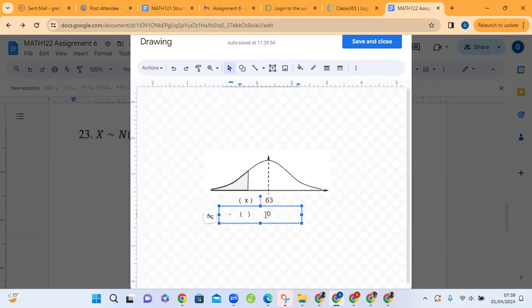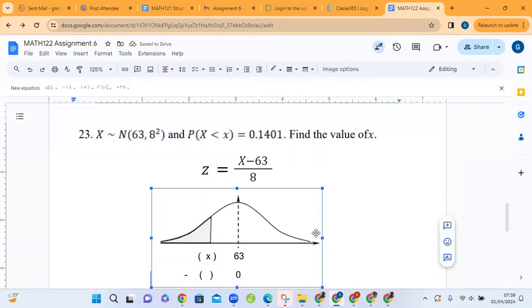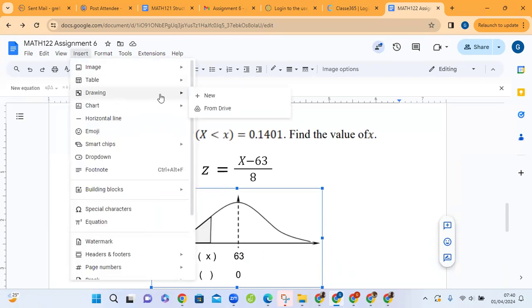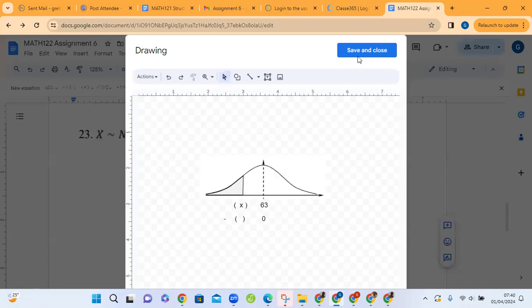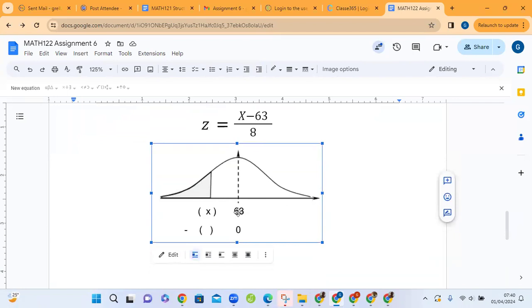And your standard normal curve now, mu will turn to 0, and your Z now will be a negative number. So you just snip it, and if you are using Google Docs, you paste it in drawings. And then you can edit it. But importantly, please note that your Z will be negative.